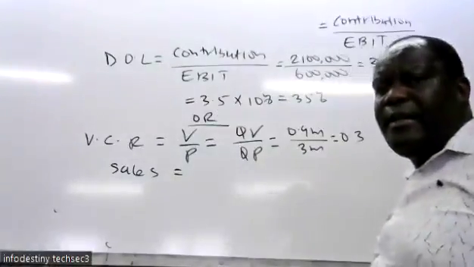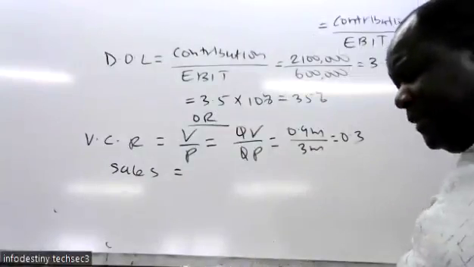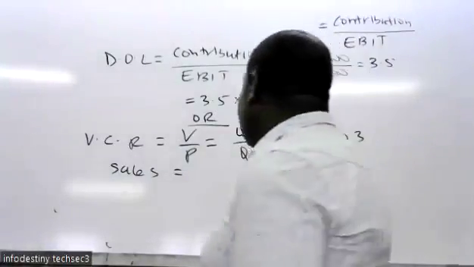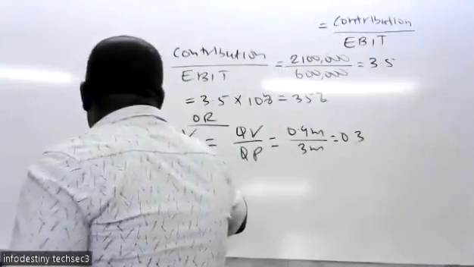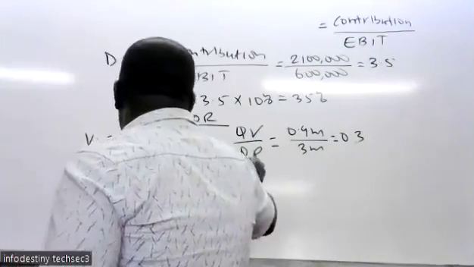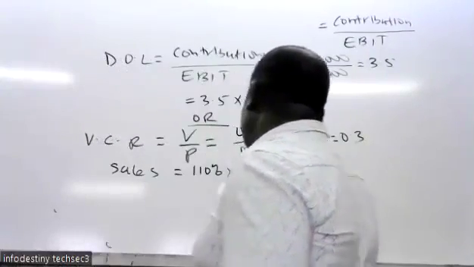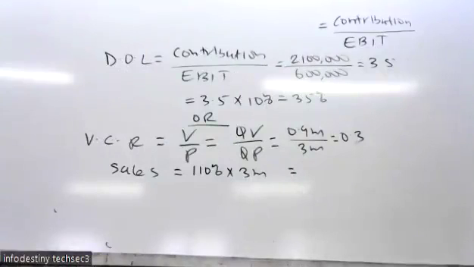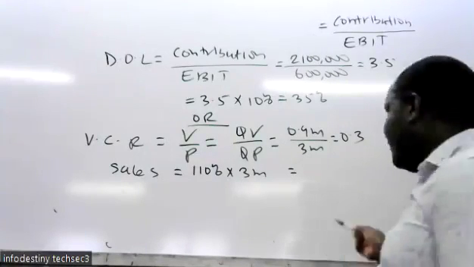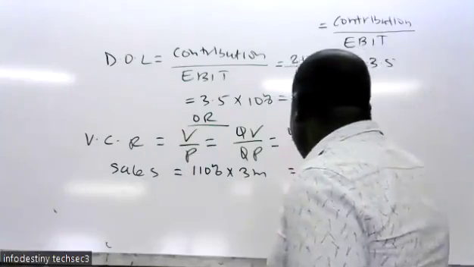The sales have gone up by 10%, so we get 110% of 3 million, which is 3.3 million.